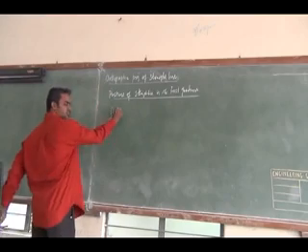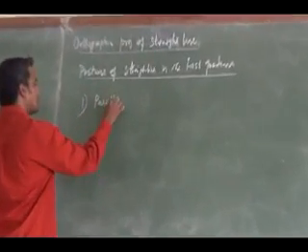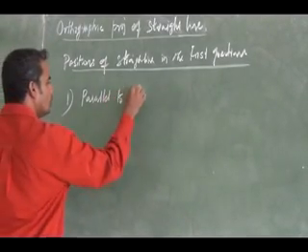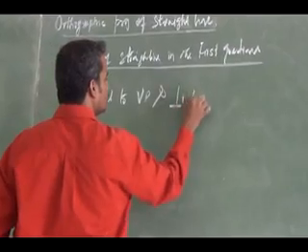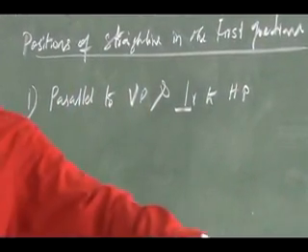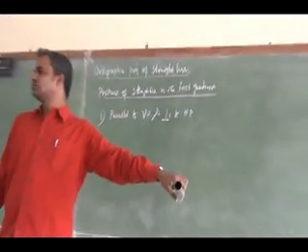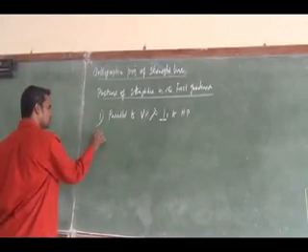So I can write the first position. It is parallel to vertical plane and perpendicular to horizontal plane. What would be the next position? Parallel to horizontal plane, perpendicular to vertical plane.